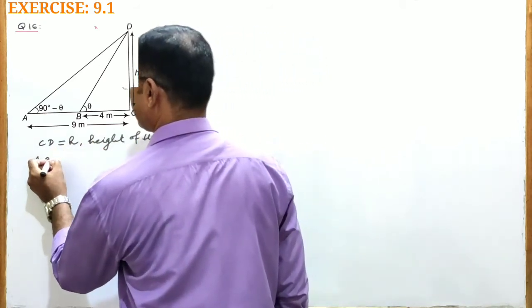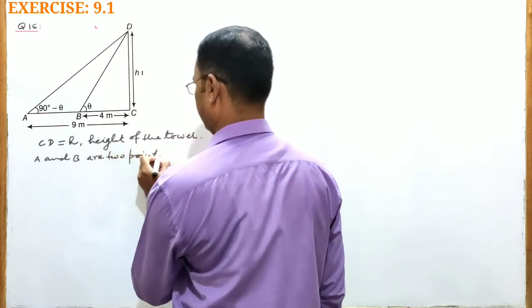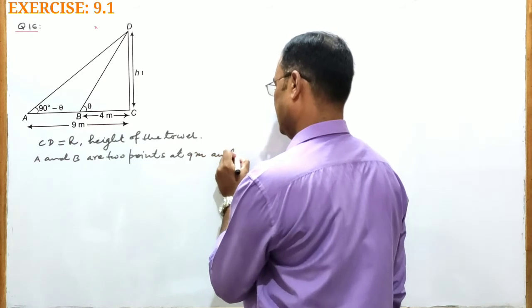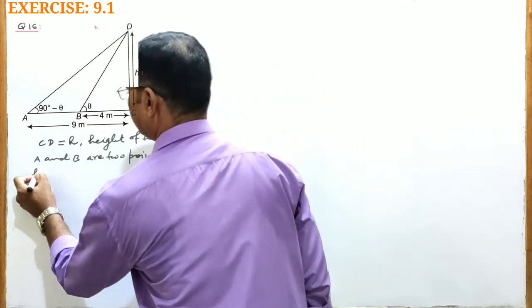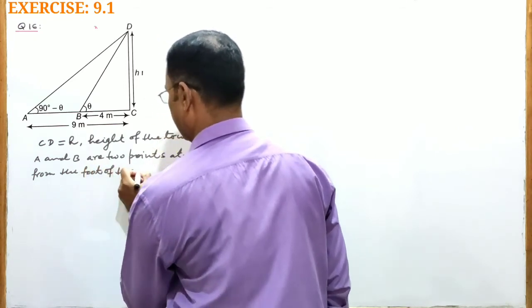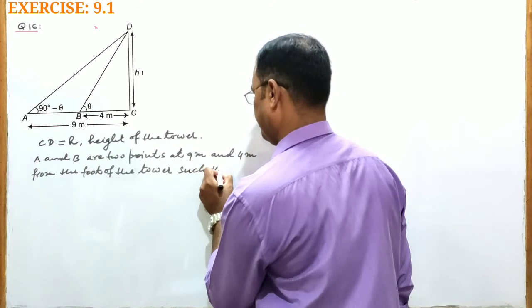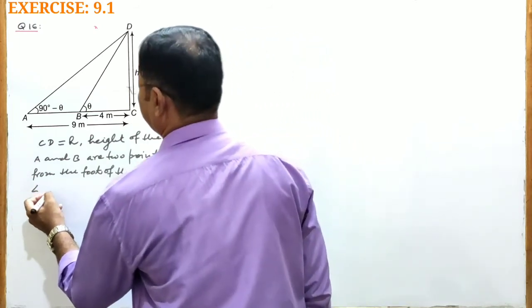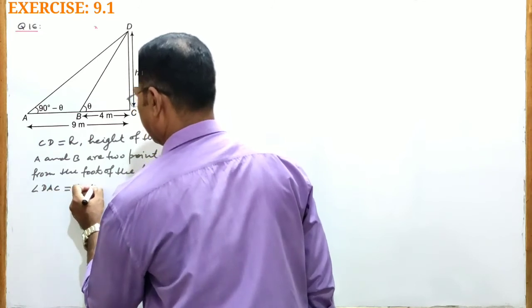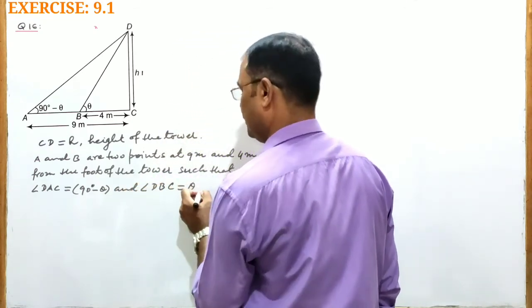A and B are 2 points at 9 meter and 4 meter from the foot of the tower such that angle DAC equal to 90 degrees minus theta and angle DBC equal to theta.